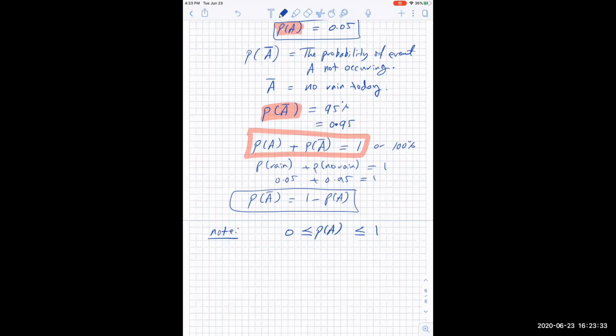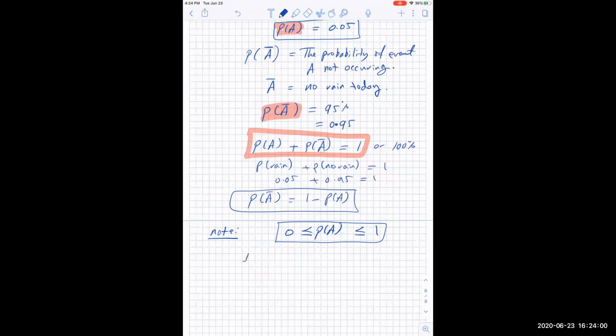You cannot say the probability of rain today is negative 5%. It doesn't make sense. You cannot say the probability of rain today is 120%. So the probability value of an event occurring is always between this range, from 0 to 1.